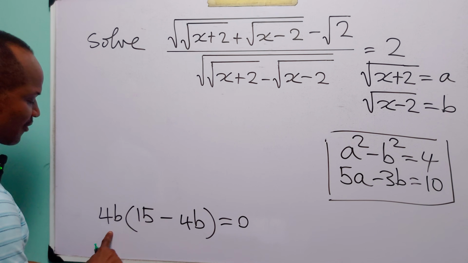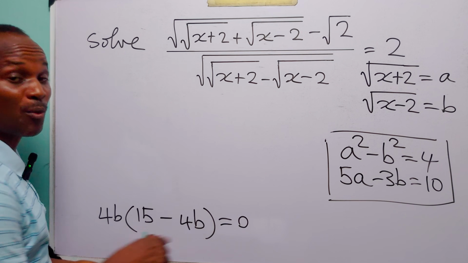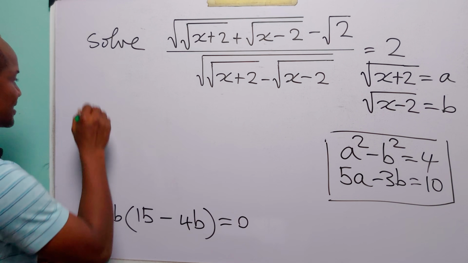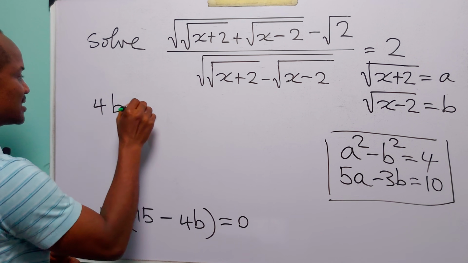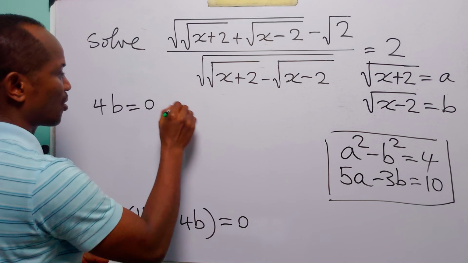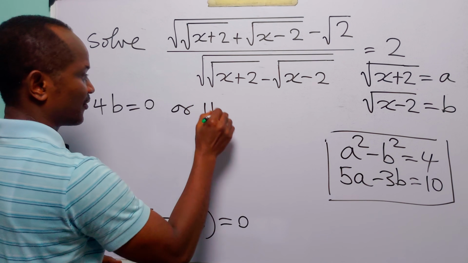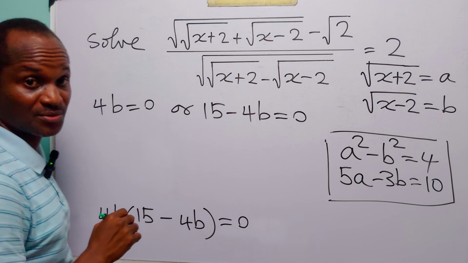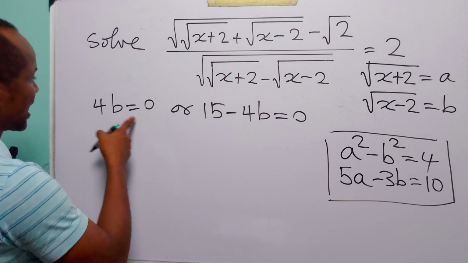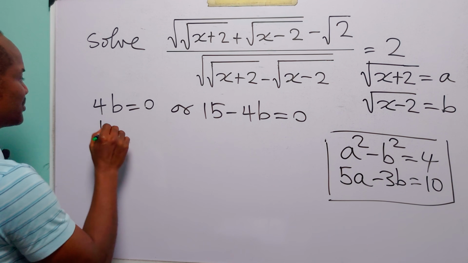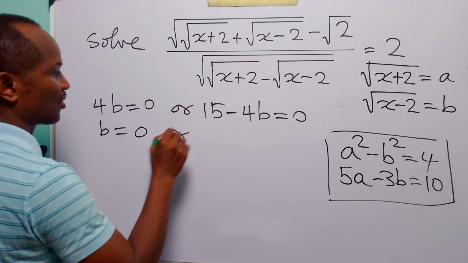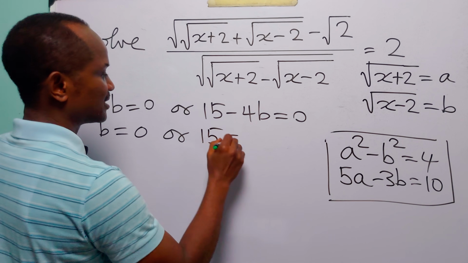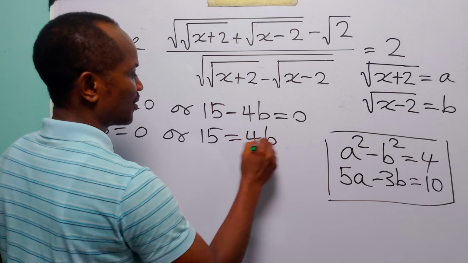Now, since the product of these two items is equal to 0, it simply means that either 4b is equal to 0 or 15 minus 4b is equal to 0. And from here, we have that either b is equal to 0 or 15 is equal to 4b.